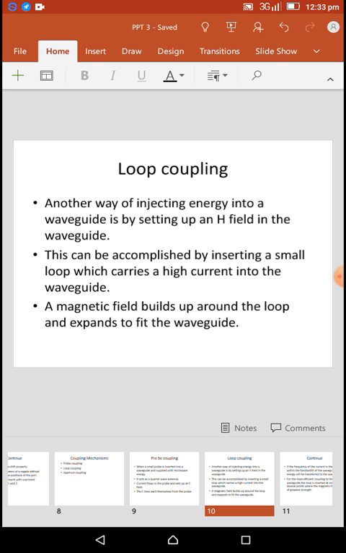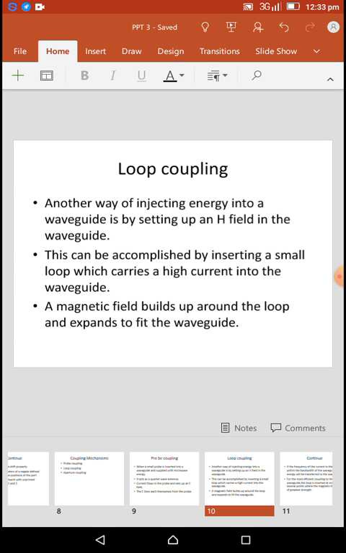The next one is another way of injecting energy into a waveguide, by setting up an H field in the waveguide. This can be accomplished by inserting a small loop which carries a high current into the waveguide.